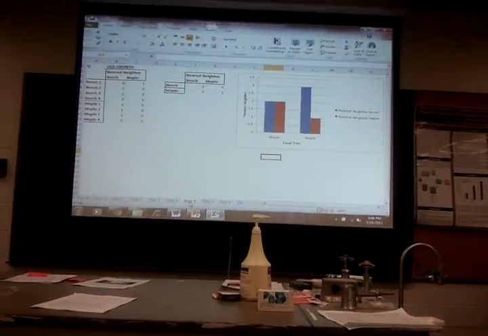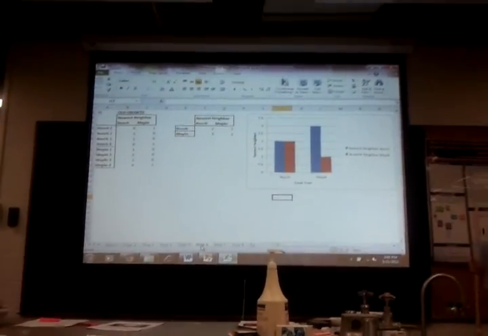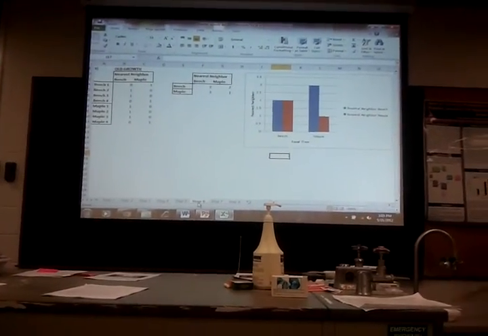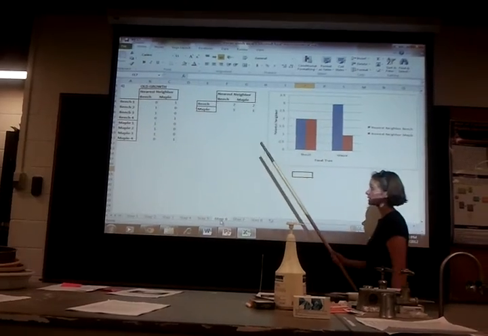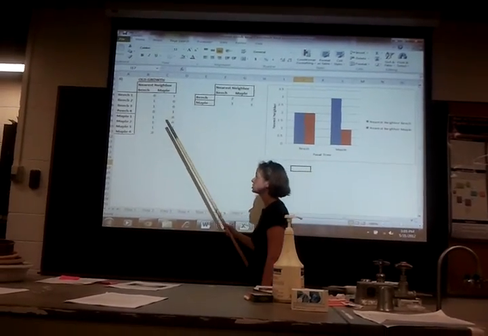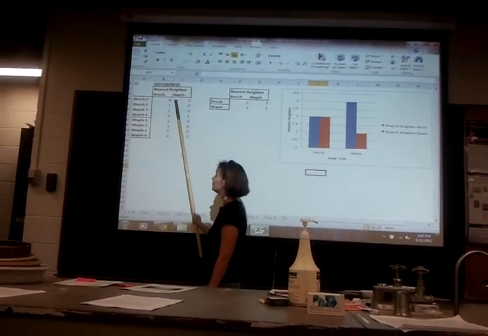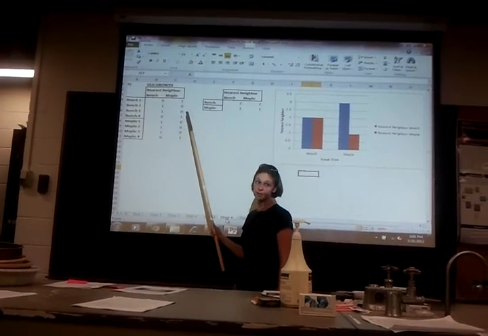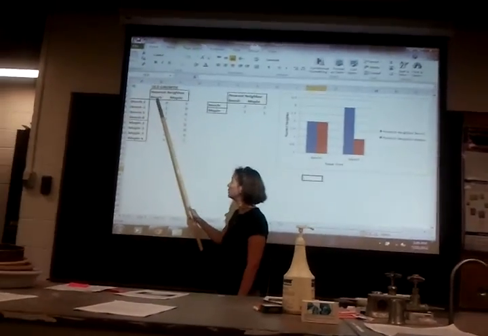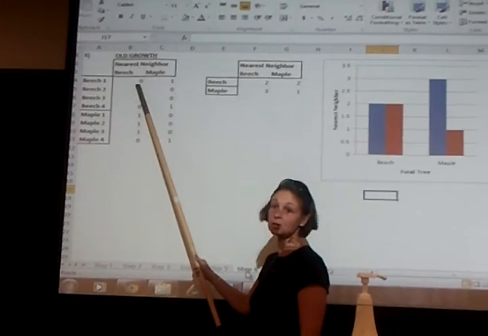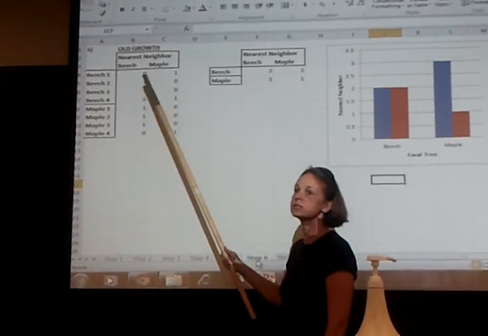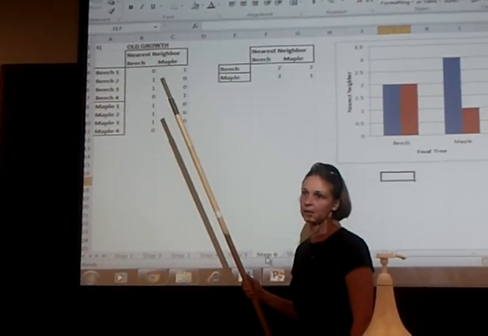So what you have down there for your canopy beech, your canopy maple, is the species of the nearest neighbor. But the way to represent that in Excel, an easy way to do that, is to just say for beech 1, you've got these two options. So for beech 1, we don't have another beech, but we have a maple. So that's just the way to numerically represent that information, okay?